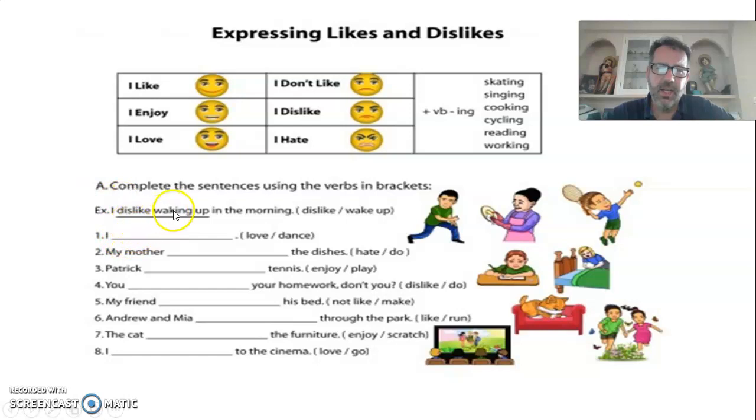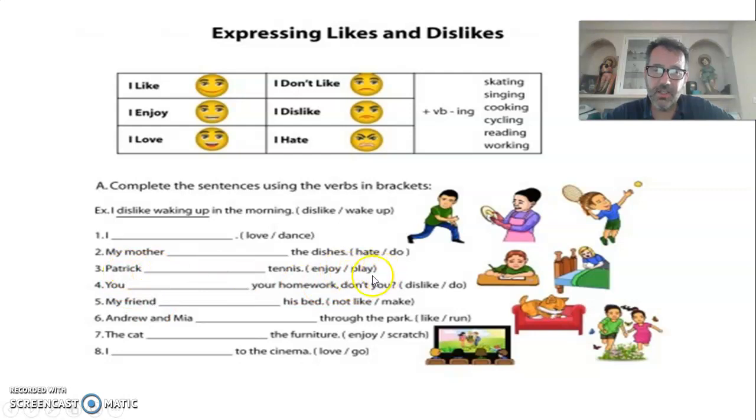Now we're going to complete the sentence using the verbs in the brackets. I dislike walking in the morning. Dislike waking up. Here, love dance. What would you say? I love dancing. I'm sorry. I love dancing. My mother hates doing the dishes.